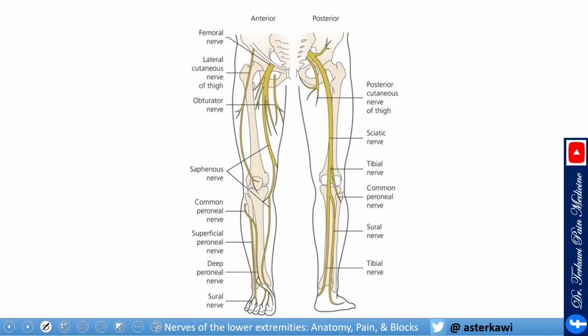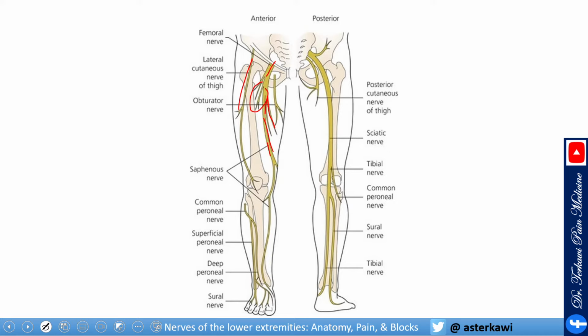So when we look at these nerves going down the thigh, of course anteriorly you have the femoral nerve as the main nerve. Soon it bifurcates, gives you the muscular branches, and then after that it gives you the saphenous, which is this here, and the saphenous continues to the leg, and here you have the lateral femoral cutaneous.